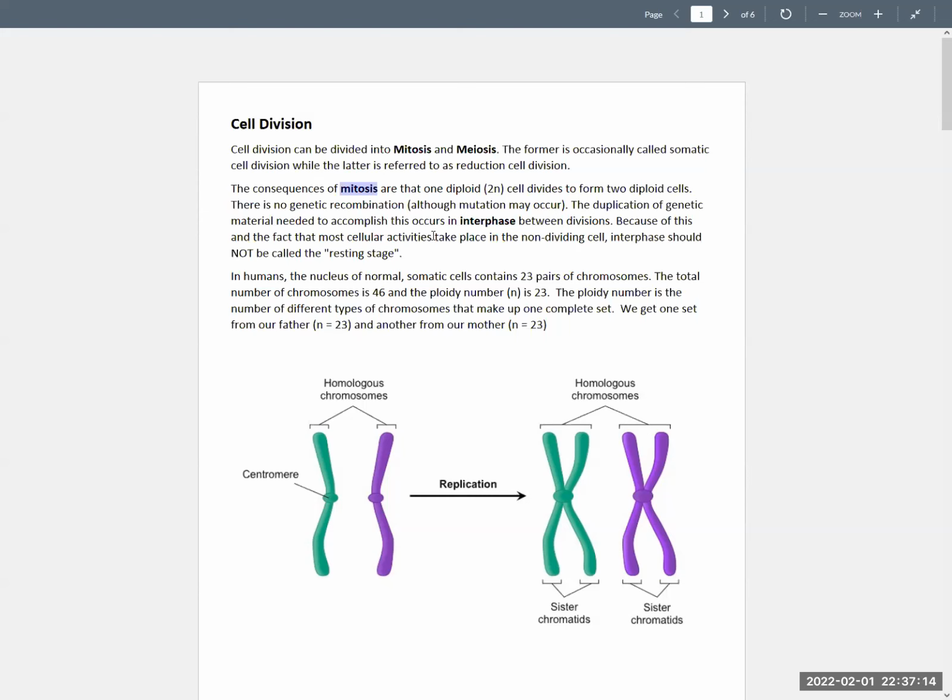Interphase is not a part of cell division. It's when the cell is working. It's when the cell is preparing to divide. Interphase is not, like some instructors may have told you, the resting stage. That's the craziest thing in the world, to call interphase resting.